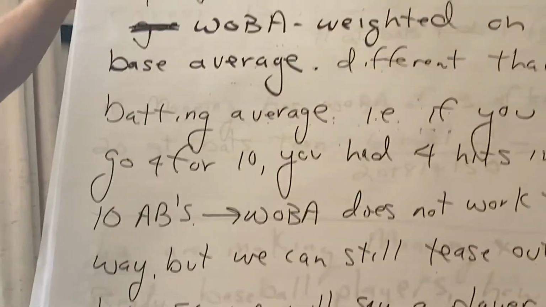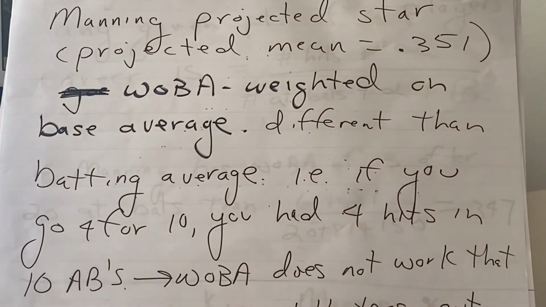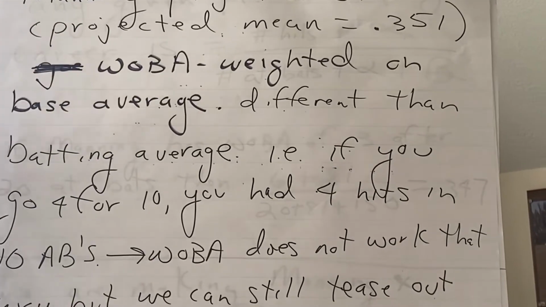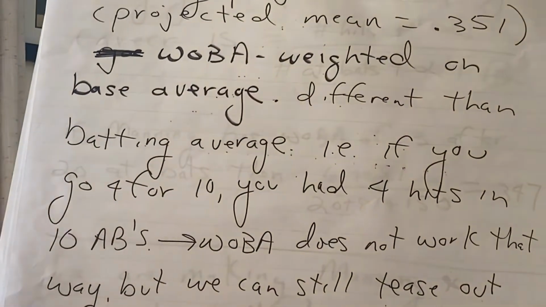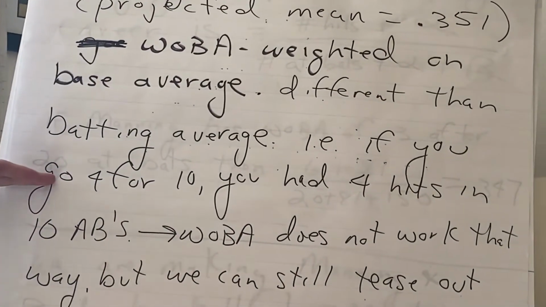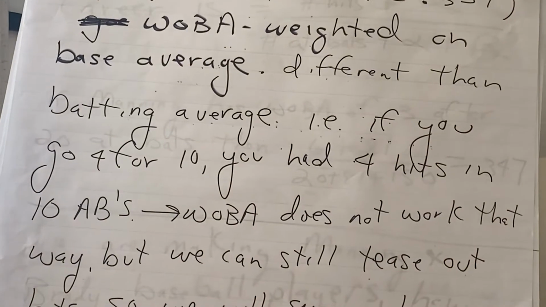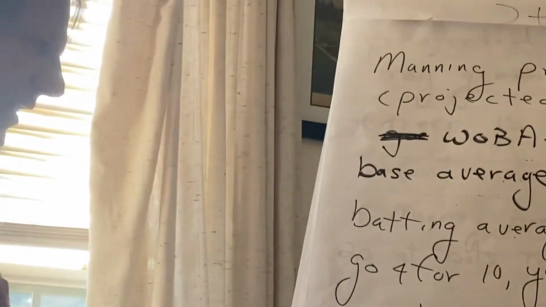Manning is a projected star; his mean is .351 on-base average. By the way, this is different than batting average, but I'm going to use it like batting average. For example, if you go 4 for 10 in baseball or softball, your batting average is 4 hits over 10 at-bats, a numerator and a denominator.